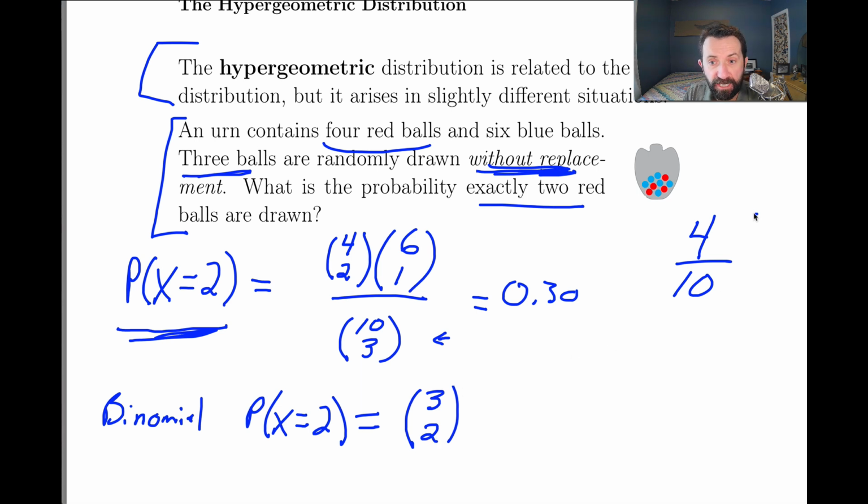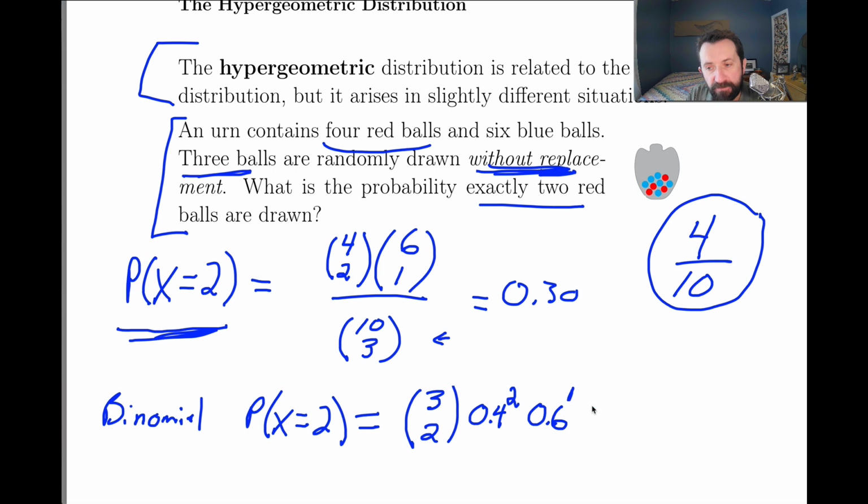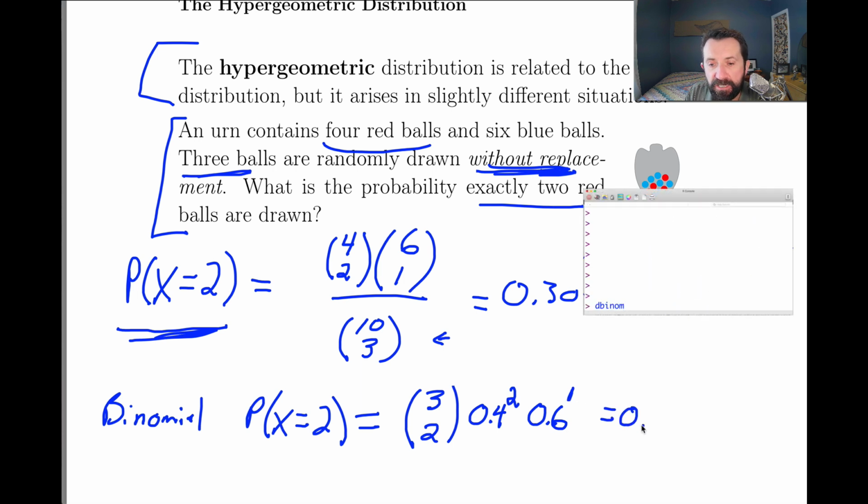The probability of getting a success is going to stay 4 out of 10 the whole way. So I'm going to put 0.4 here, and that's got to be squared. 0.4, the probability of a success, raised to the second power, and then the probability of a failure, 1 minus 0.4, which is 0.6, and we have to pick one of those. To 3 decimal places, we get 0.288.